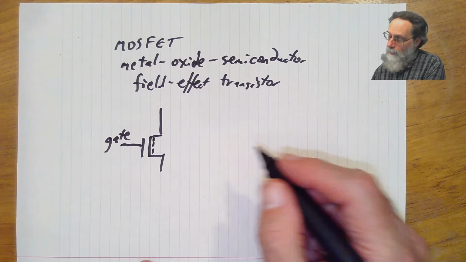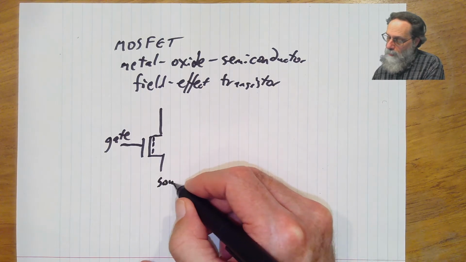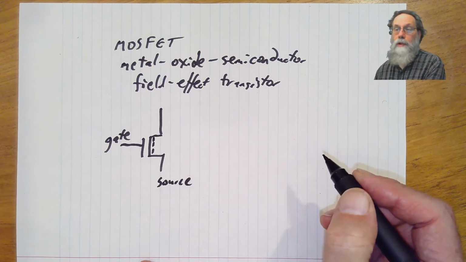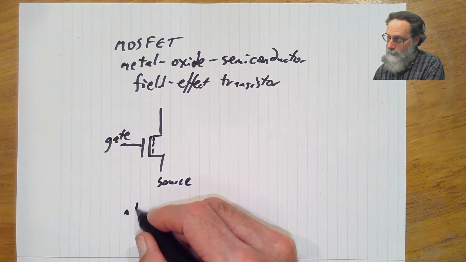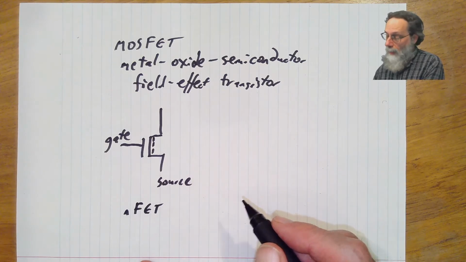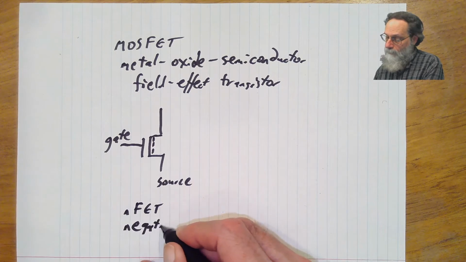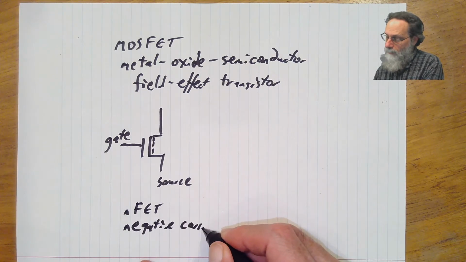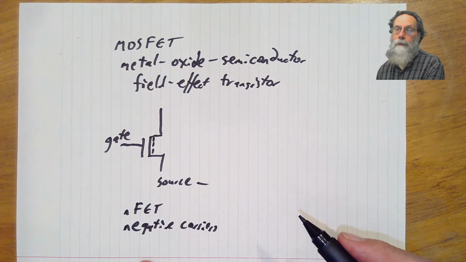And the two other terminals here are the source, which is the source for the charge carriers. So for an NFET, which is using electrons as charge carriers, so negatively charged, the N stands for negative. So negative carriers. The source is the negative end of the device.